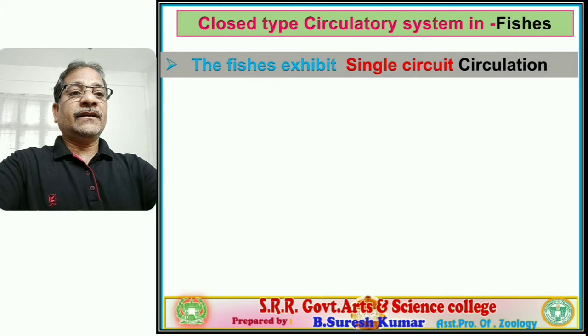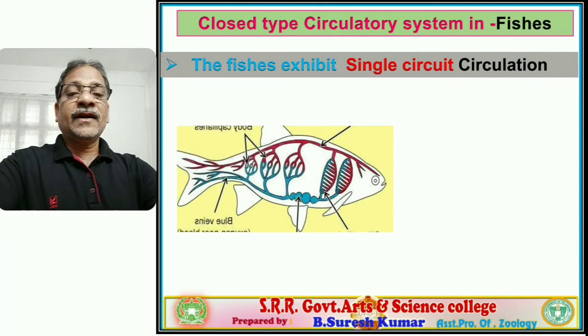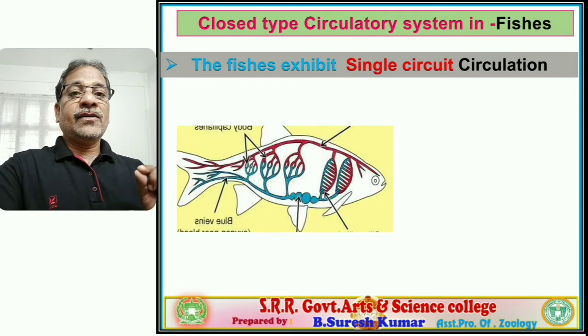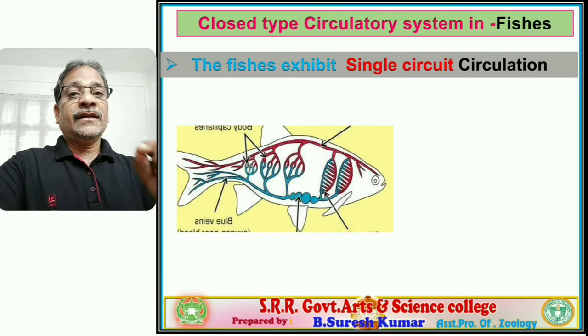Next, the fishes exhibit single circuit circulation. What does single circuit circulation mean? The heart pumps the deoxygenated blood in a single circuit. In what way does the circuit extend? Let us see.